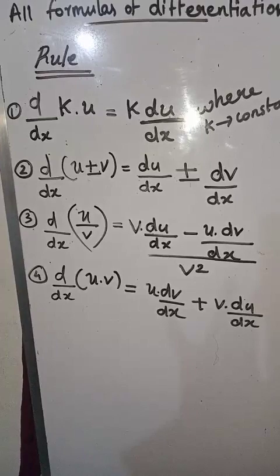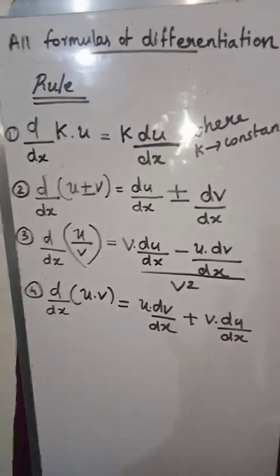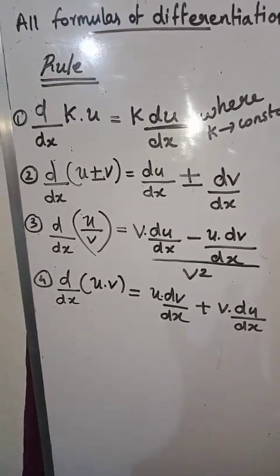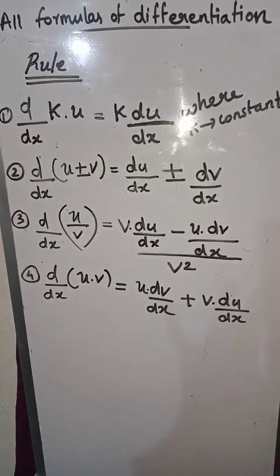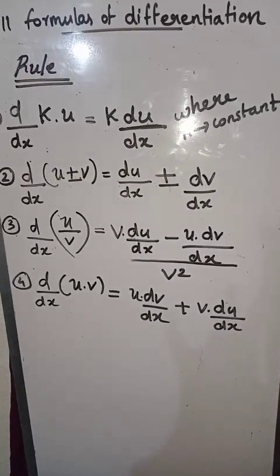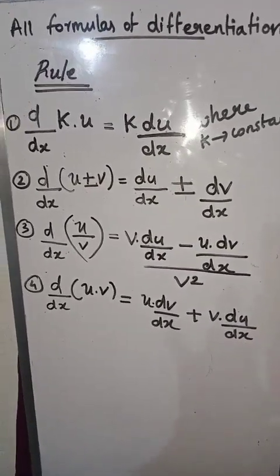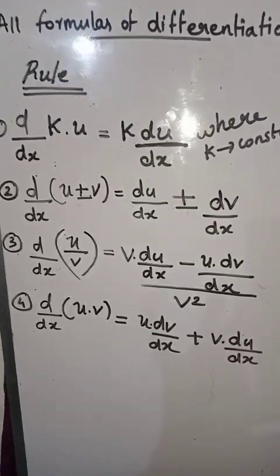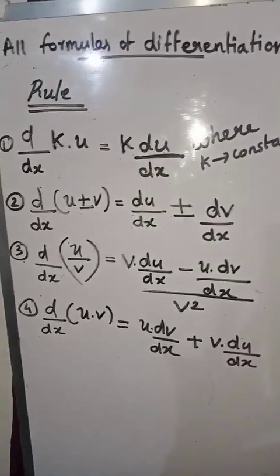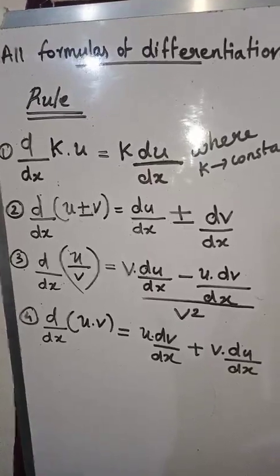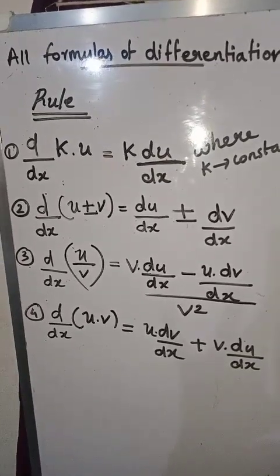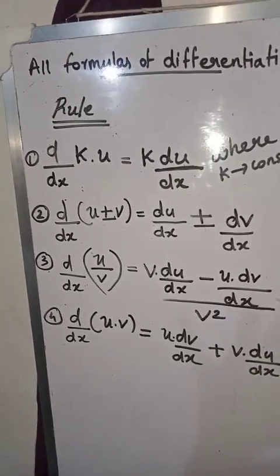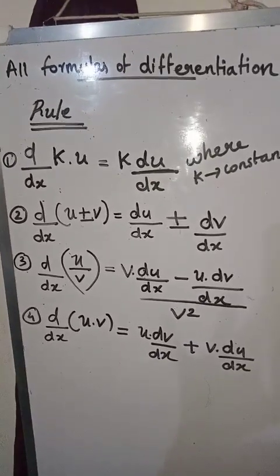Next is d by dx of u by v. Here the differentiation of division is done. So in the case of division, we take the denominator first, and that is v into du by dx, the differentiation of the numerator u is done, and minus u is taken.